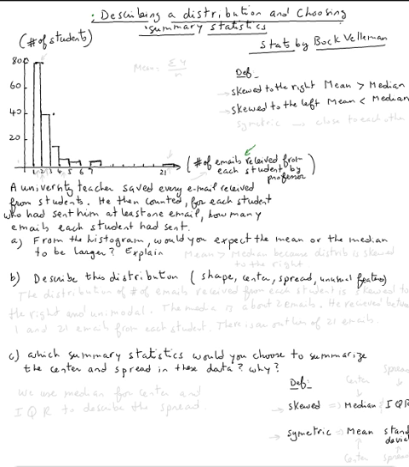So for example, 80 students send the professor between 1 and 2 emails, and so on. 80 students send him either one email or 2 emails, and so on. 40 students send him only 1 email.